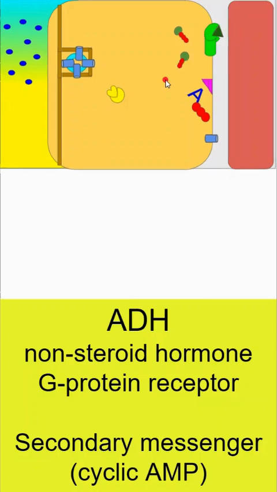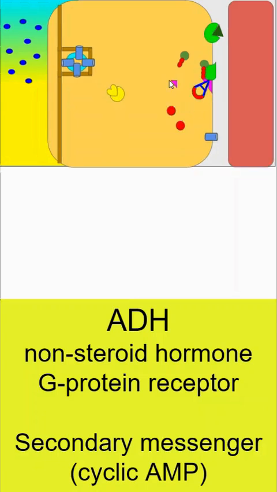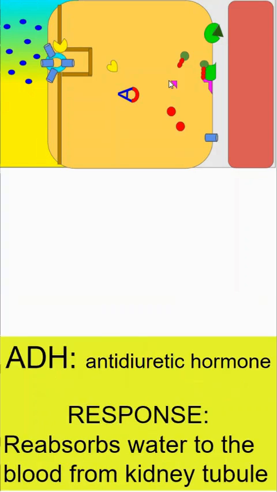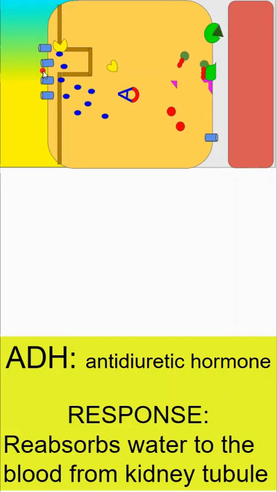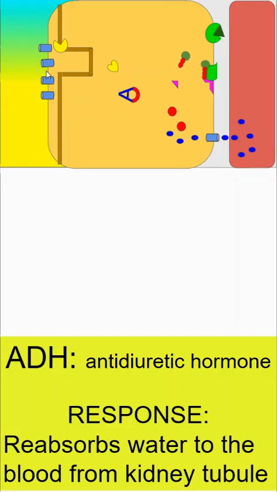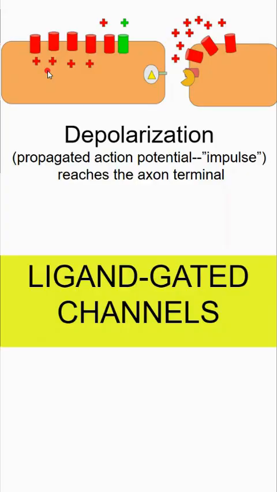But as we bind, we have the intracellular domain of the receptor changing shape, and then ultimately that's going to activate an enzyme which creates the secondary messenger cyclic AMP, which then again we have this relay of protein changes, which then embeds the aquaporin channels on the side of the tubule, which then can allow quick reabsorption of water through the cell and back to the capillary.